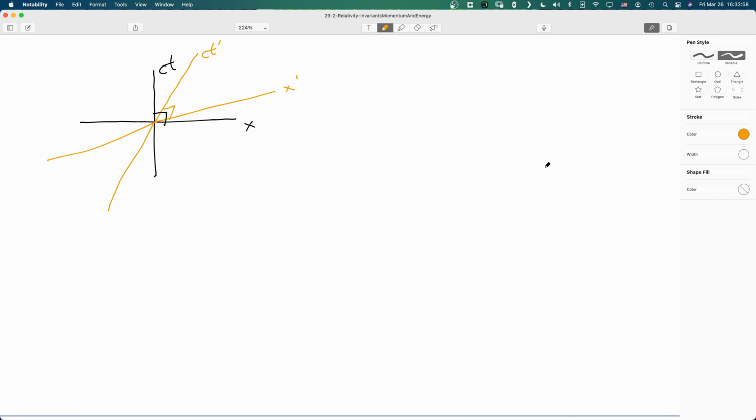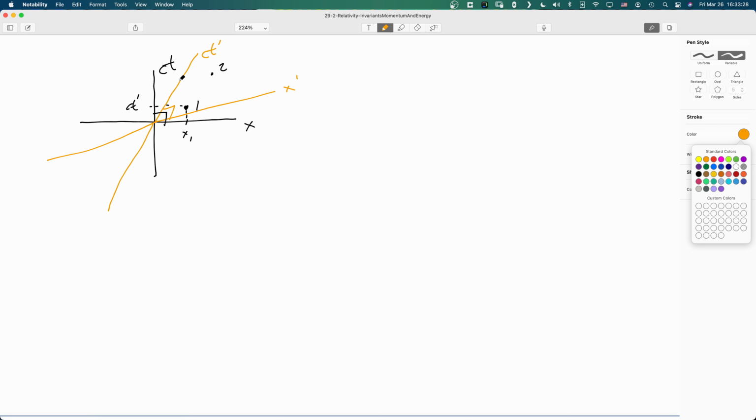But anyway, in our example of having, say, a time-like separation, this would, say, be event 1, and this would be event 2 here. And so you would go ahead and read, this is X1, this is CT1, and then here you would have to be very careful doing this.